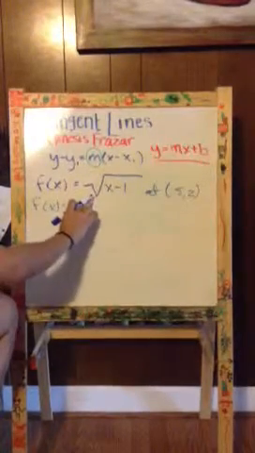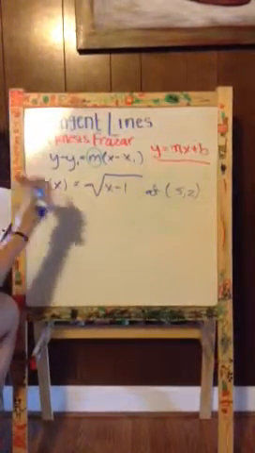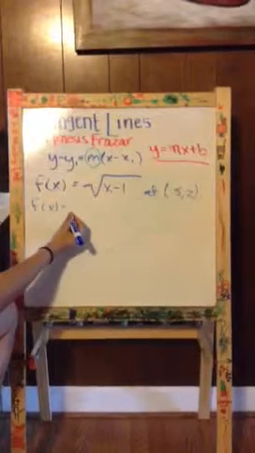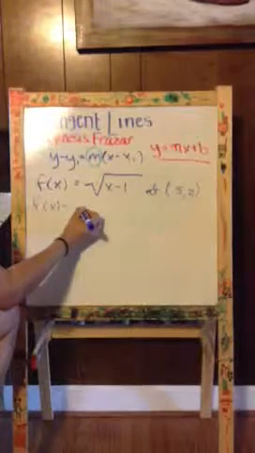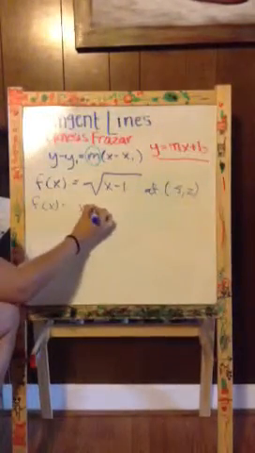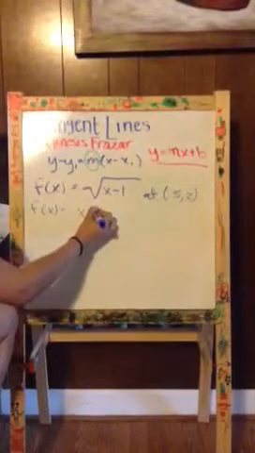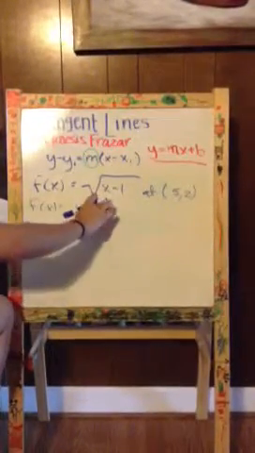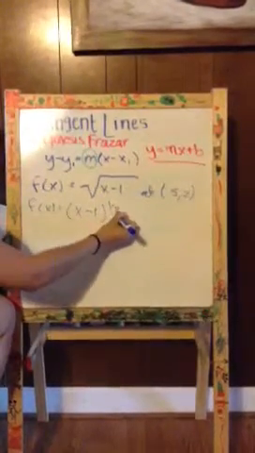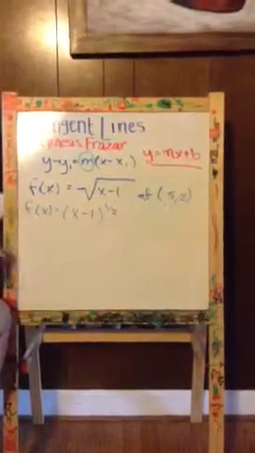Starting off with changing this root to the 1/2 power, you would change this square root to x minus 1 to the 1/2 at the point 5, 2.